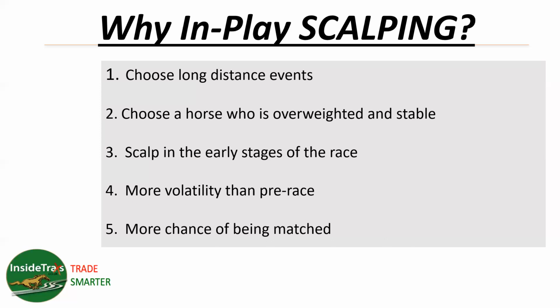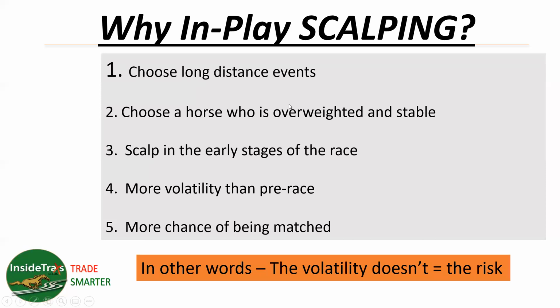what I would say to you is that the volatility that you see in an in-play situation, in a long distance race in the first early stages, doesn't actually represent the risk, because quite often you'll see horses moving a point or two in the first, say, 3 furlongs of a 2-mile race.